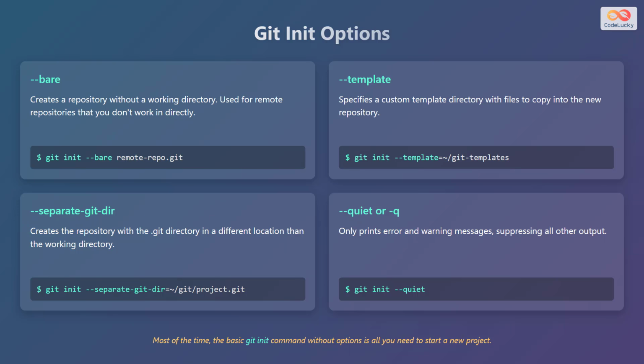Third, --separate-git-dir. This creates the repository with the .git directory in a different location from your working directory. Fourth, --quiet or -q. This option only prints error and warning messages, suppressing all other output. However, most of the time, the basic git init command without any options is all you need to start a new project.